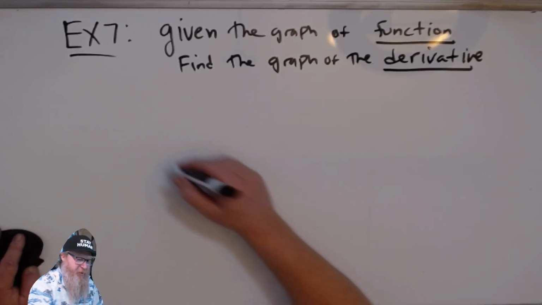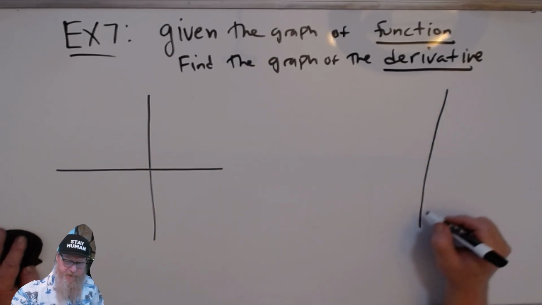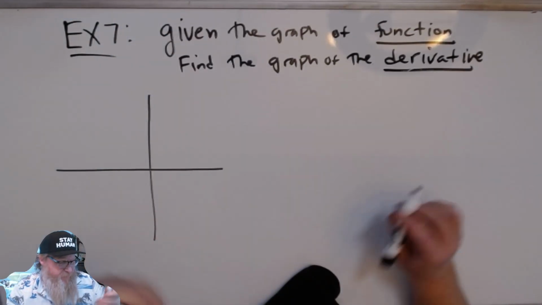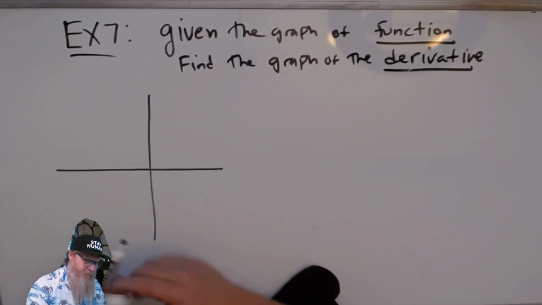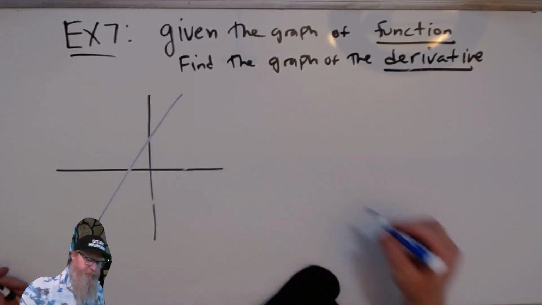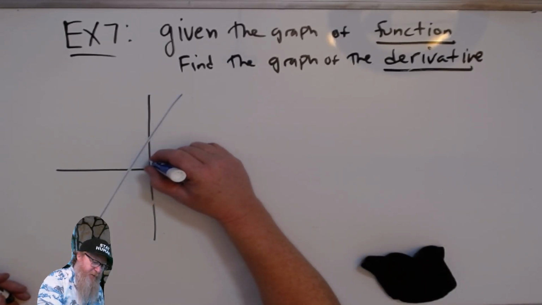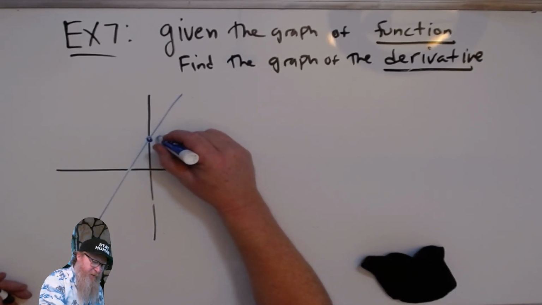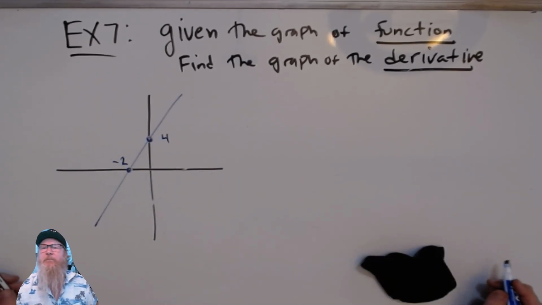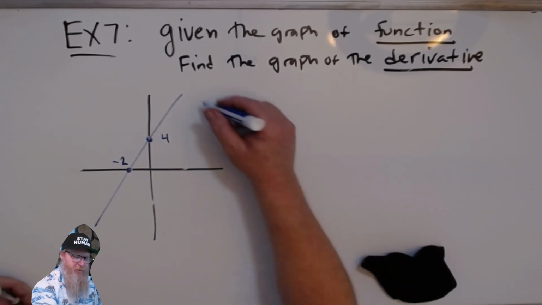So these are just going to be freehand, so we don't have to be very specific. Well, we have to be relatively specific, but we don't have to be perfect. So suppose this is 4, and this is negative 2. All right, and so this is your function, f.